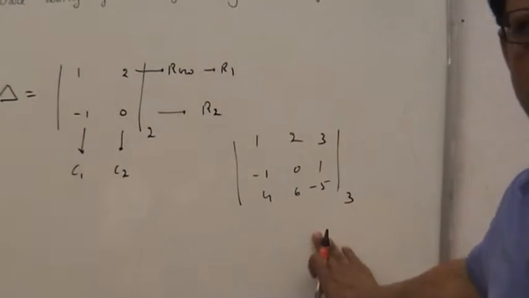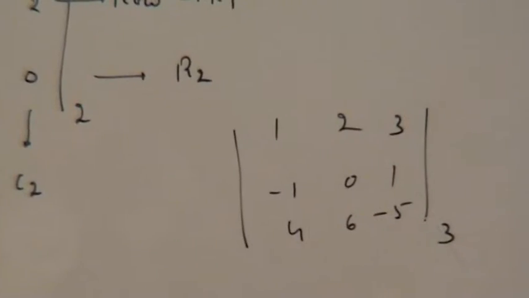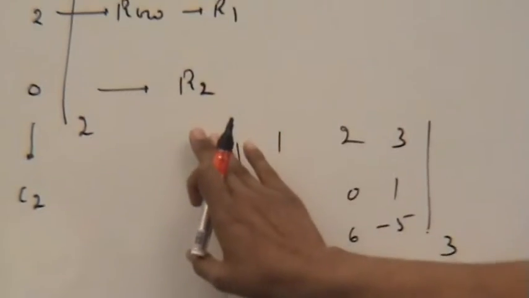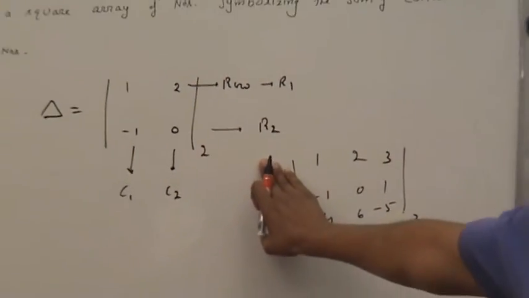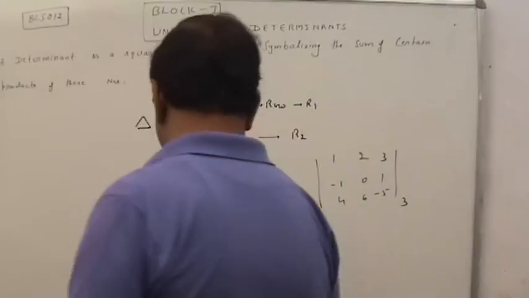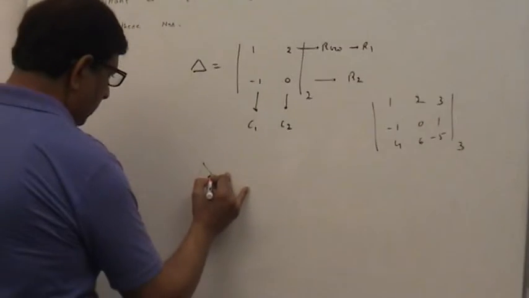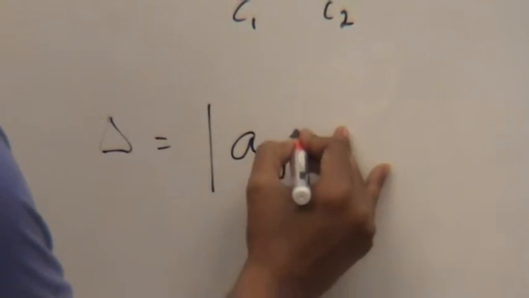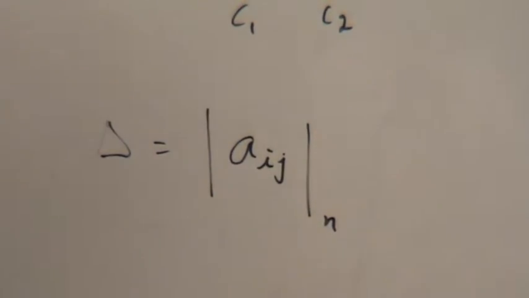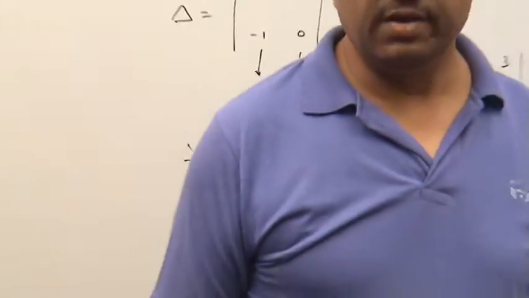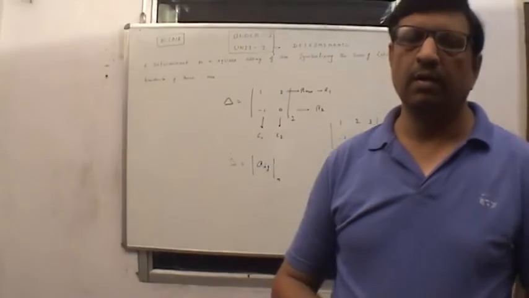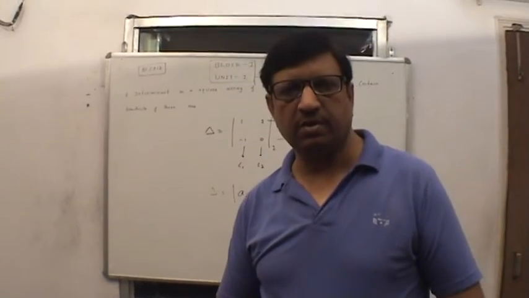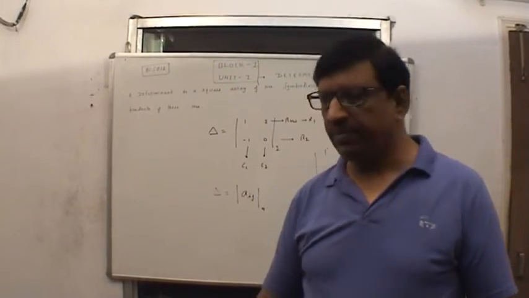It means a determinant with n rows and n columns has order n, and we can write a general determinant in this form. Delta is equal to a ij of order n, where i represents the row and j represents the column.